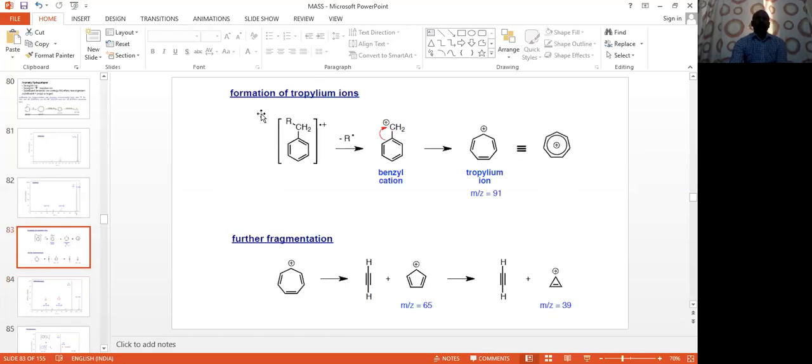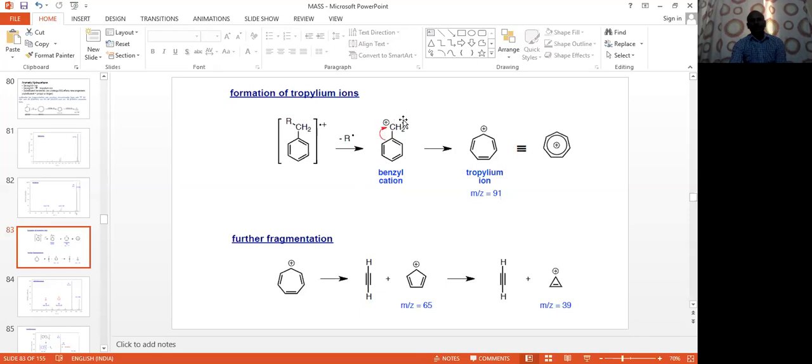So here is how the formation of the tropylium ion takes place. In substituted benzene, there is a molecular ion, and here there is a cleavage. As I already told you, in substituted alkylbenzenes cleavage always happens at the beta carbon atom. Once it is removed as a radical, you have the benzyl cation.